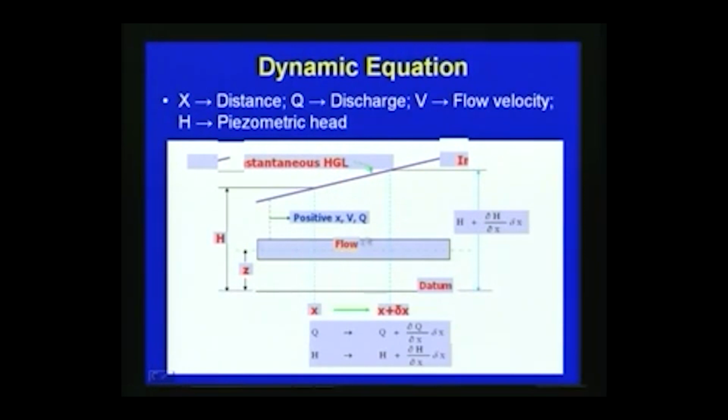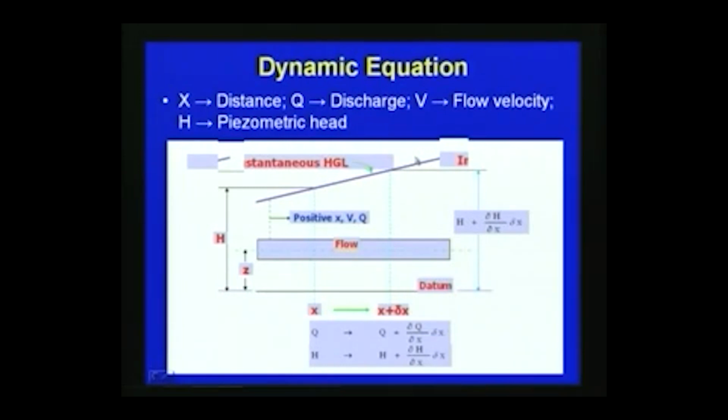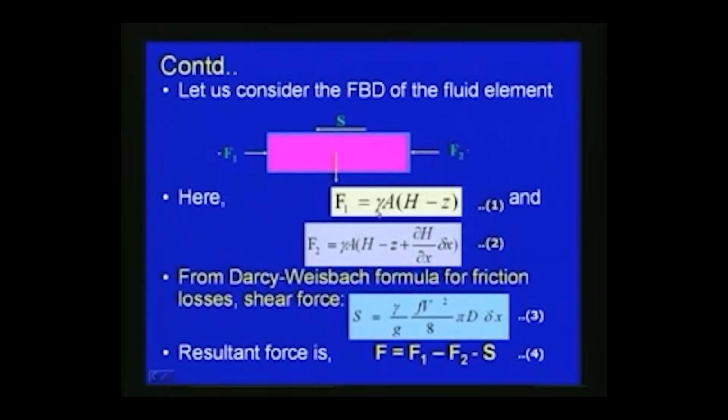Here we assume that the pipe is horizontal, so we do not consider the weight of the fluid element in the derivation. F1 can be written as F1 equals gamma A into (H minus Z), as in equation number 1, and F2 we can write as gamma A into (H minus Z plus del H by del X into delta X), as in equation number 2.